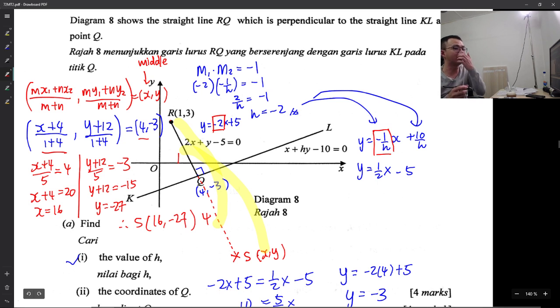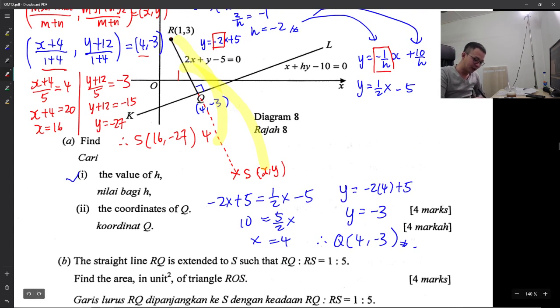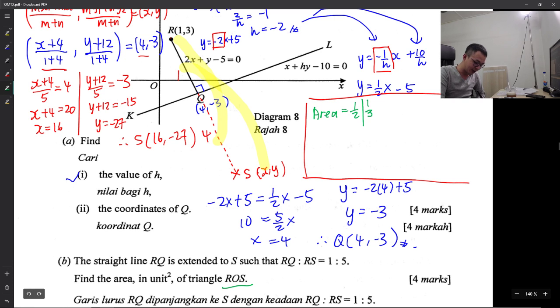After I got my coordinate S over here, I can find the area by using the area formula. Let me use a small empty space here. So messy. Okay, so the area for ROS, right? I write the coordinate R first, 1, 3. O is 0, 0. S is 16, negative 27. Repeat 1, 3.